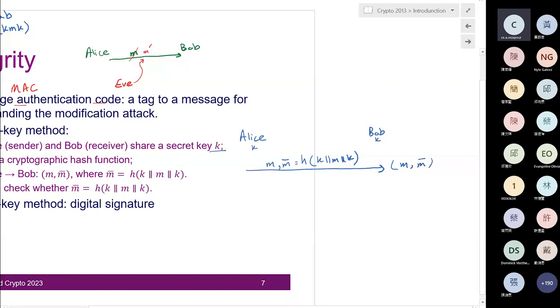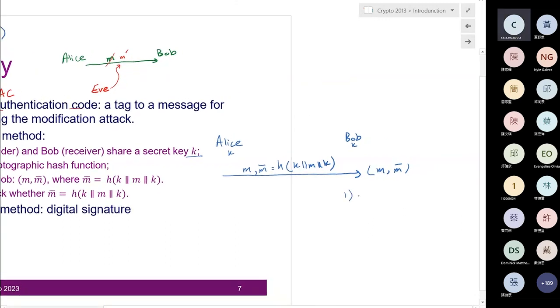Once Bob receives this information, what Bob would receive is M and M bar. He would do two checks. One, he computes, let's say, M star. He supposes that maybe somebody has changed something on the line, so he would compute the hash of key concatenated with M concatenated with key. Basically, he will compute that again.